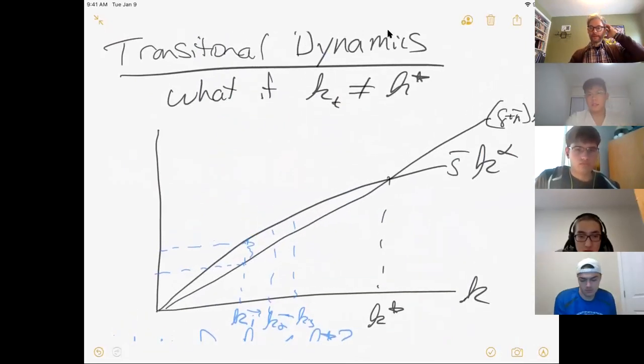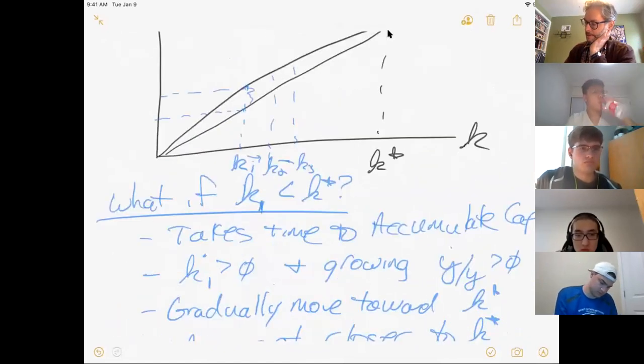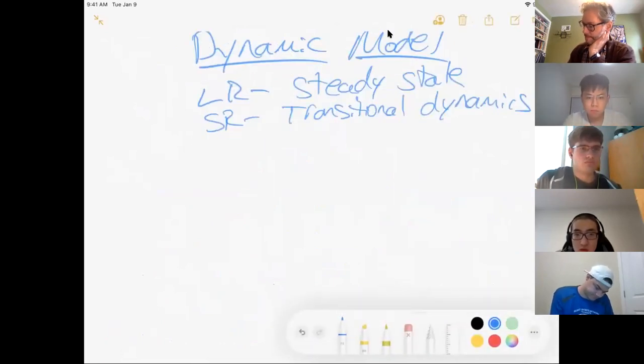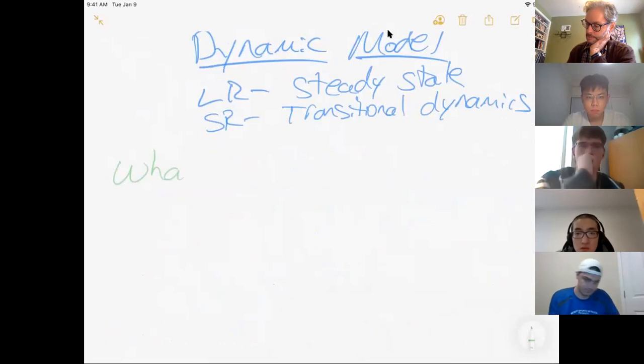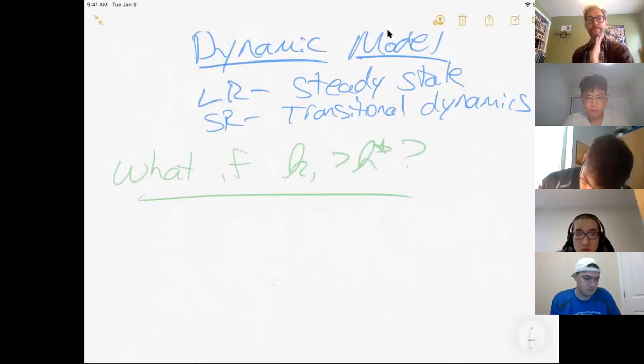So I'm not going to do it here, but I might encourage you when you look over your notes later, think about another example and see if you can walk yourself through this example, where this time you begin above the steady state.